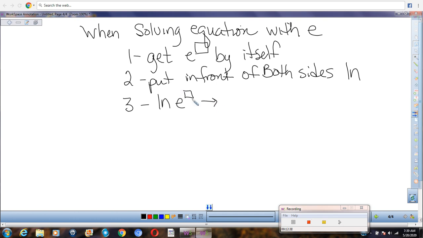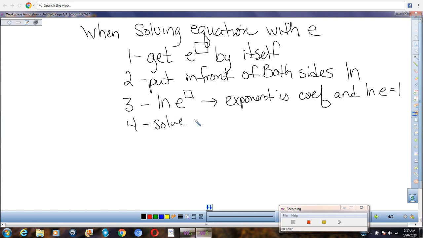Remember those exponent rules we've talked about: that exponent goes out in front, so the exponent is the coefficient. And I want to remind you that the natural log of e equals 1. Step 4, solve the remaining equation.